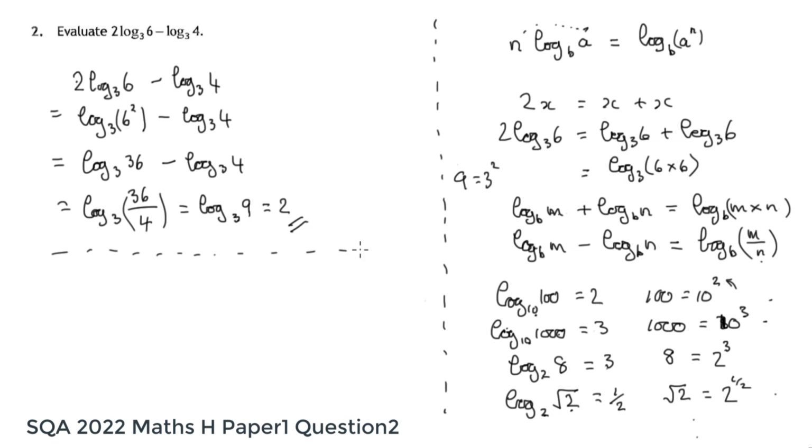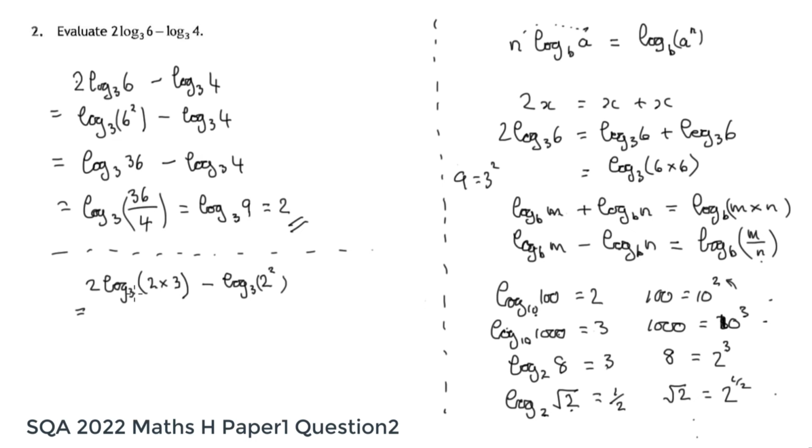There's a wee bonus solution here, not one that possibly you would have thought of, but we can break down that 6 into a 2 times a 3. And we can rewrite the 4 as 2 times 2. That's a 2 squared.